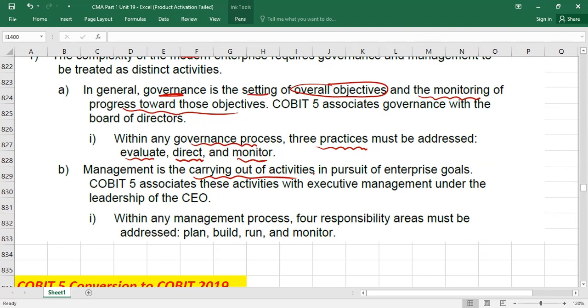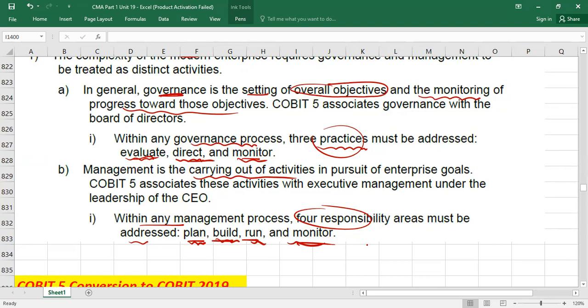And management means the CEO and the below level people. So they are responsible for day-to-day activities. The management process has 4 responsibilities. They must plan, build, run, and monitor the things. So in simple words, guys, please remember, this is the responsibility of governance: evaluate, direct, and monitor. This is the responsibility of management: plan, build, run, and monitor.